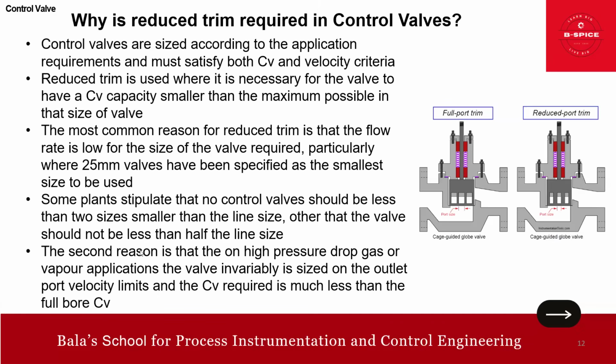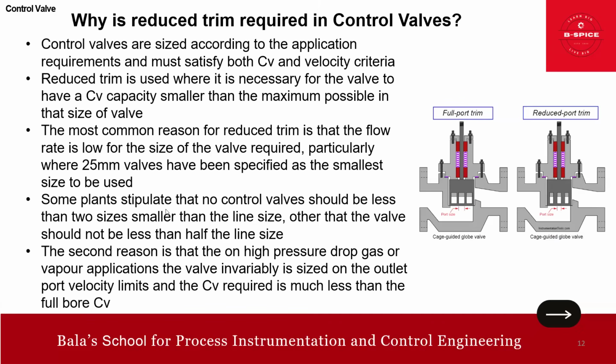Just to explain further, control valves are sized according to the application. Reduced trim is used wherever it is necessary for the valve to have a CV capacity smaller than the maximum possible size. The most common reason is that the flow rate is low for the size of the valve required, particularly if it is a one inch valve.